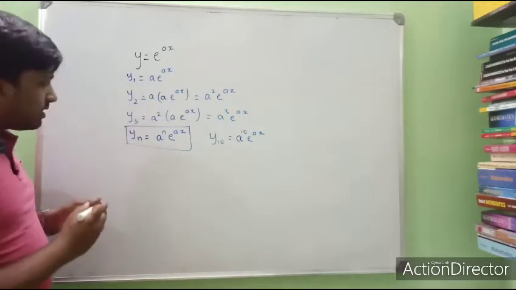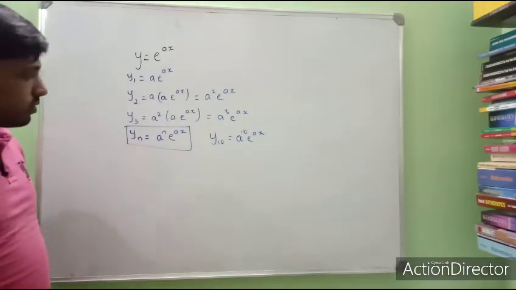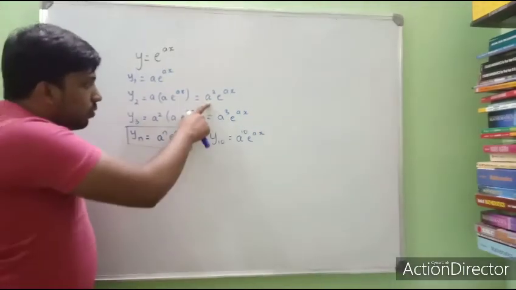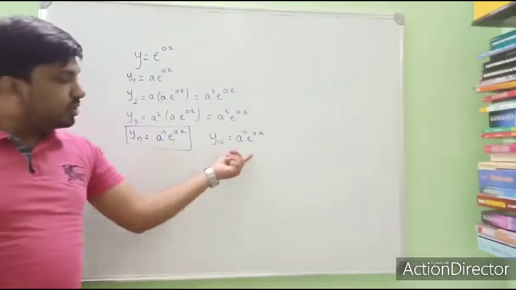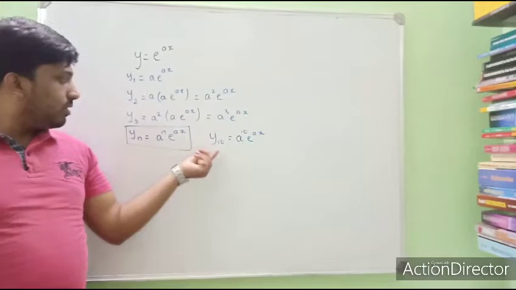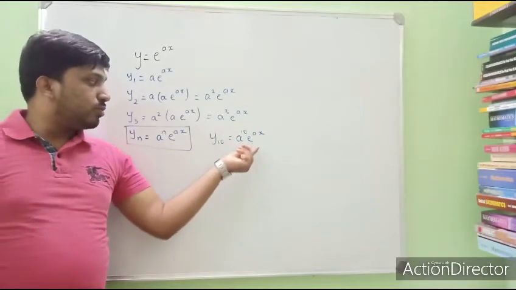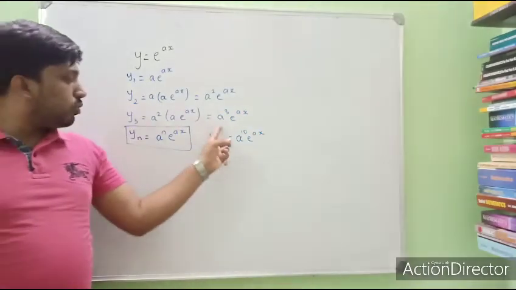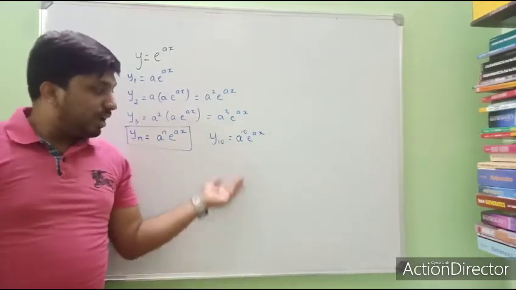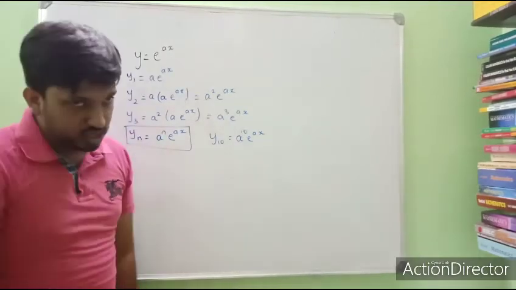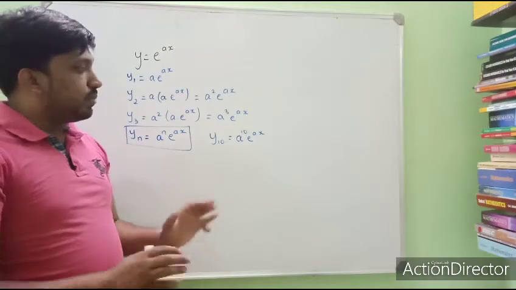Because for each successive differentiation, one more a comes in, and as a result the power of a increases. So for y3, a cube. For y10, it is a to the power of 10 into e to the power of ax. For y100, a to the power of 100 into e to the power of ax. This is as simple as that.